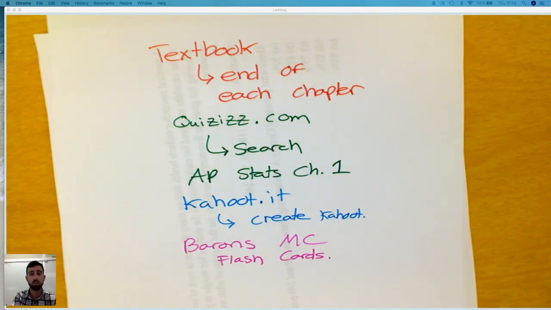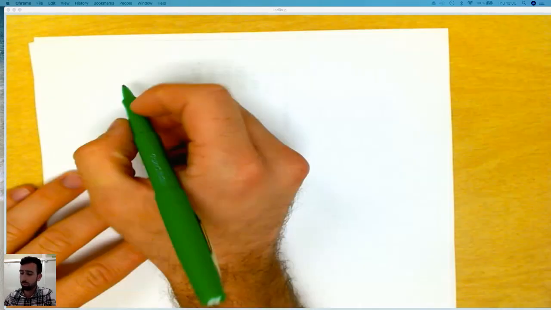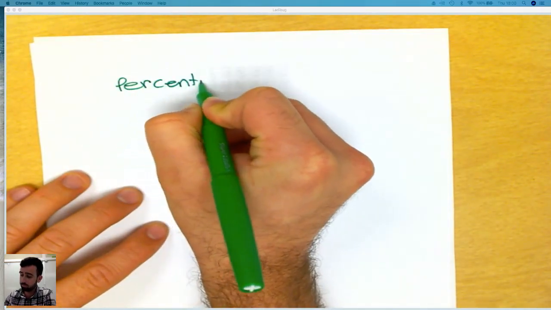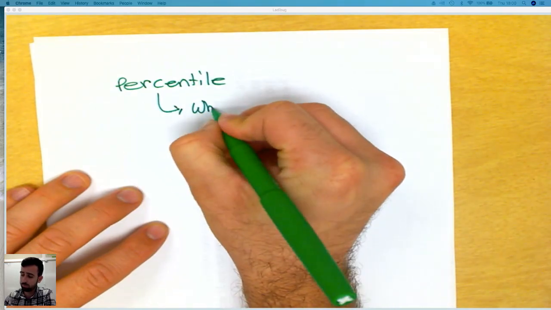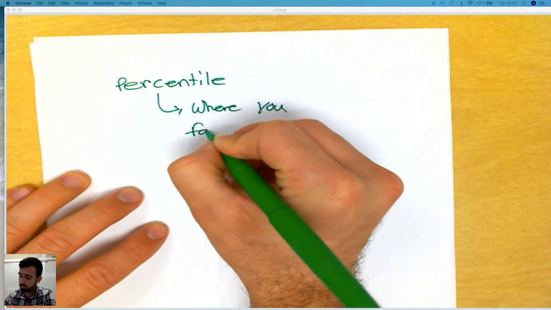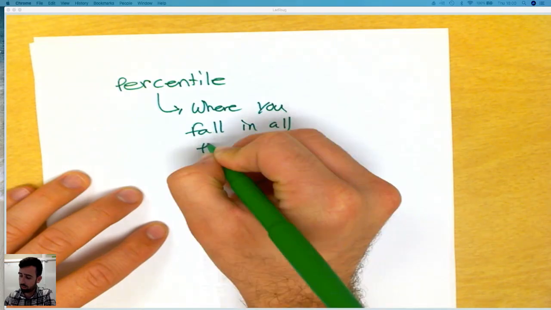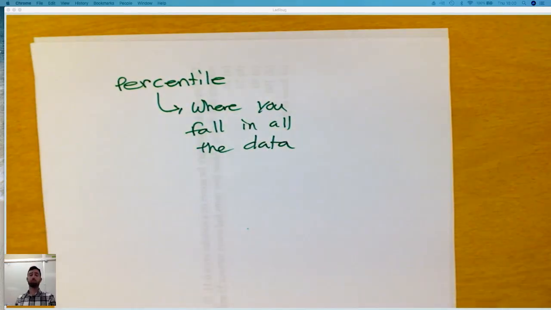Next question. All right, so another question. In percentiles, how is a percent, for example, 85%, different from the 85th percentile? So they're not different if I'm understanding your question correctly. Well, maybe let me break this down and see if it helps. Percentile is where you fall in all the data.